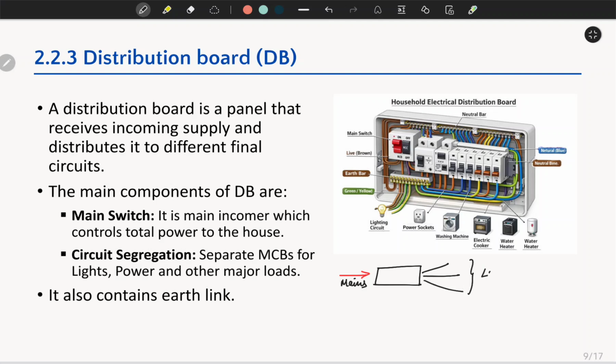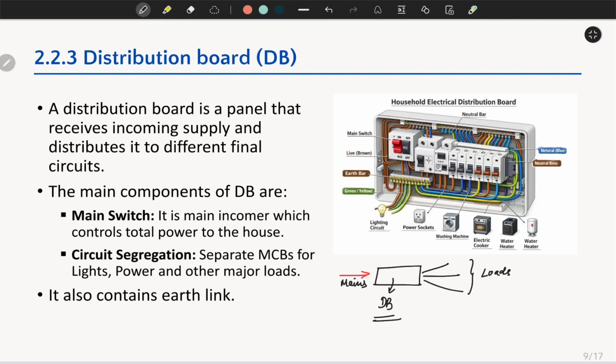These are different parts of loads. This is my DB. So DB is basically a middle buffer for distributing my different loads, or distributing the power.